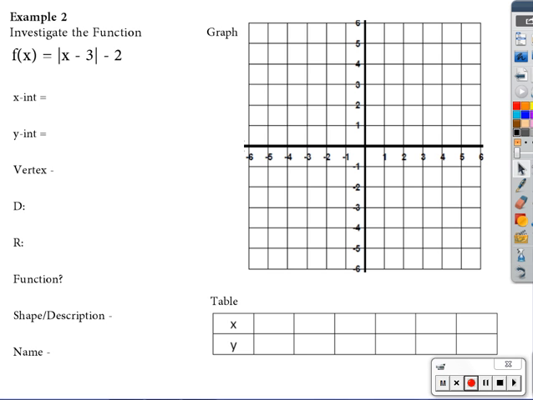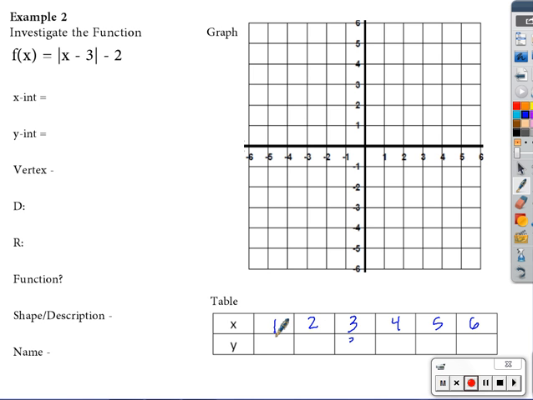And the second one is a little bit different. So this is an absolute value. We've talked a little bit about absolute values in class so far. All right, again, we're going to utilize the graphing calculator to do this, and I'm going to fill in the table for my important values. Okay, so I'm going to use the x values of 3, 4, 5, and 6, 2, and 1.